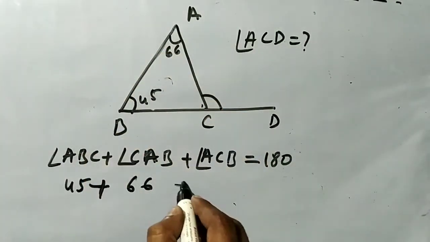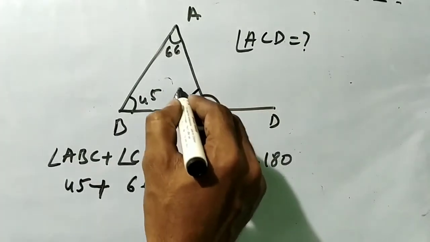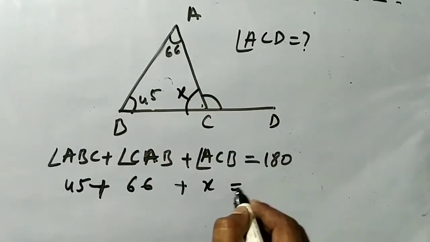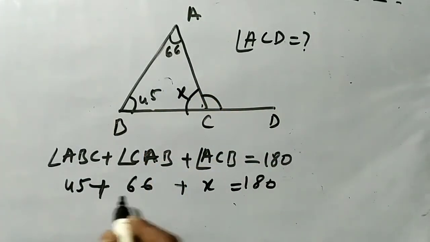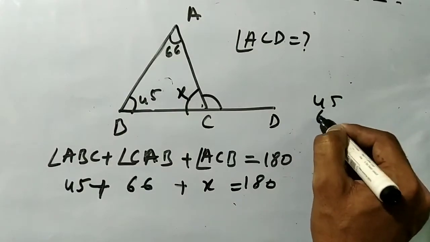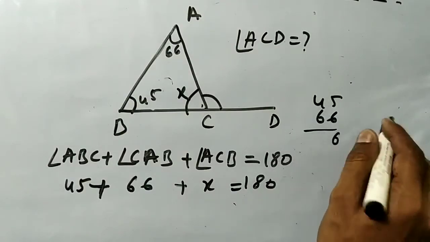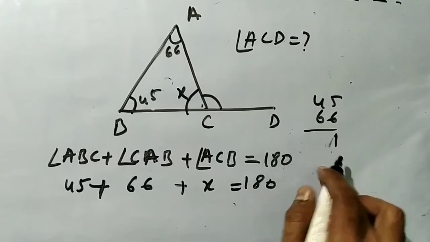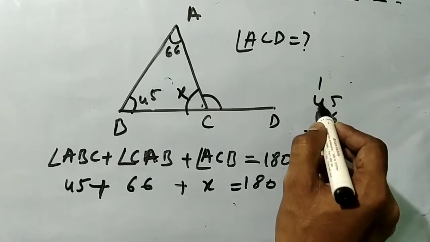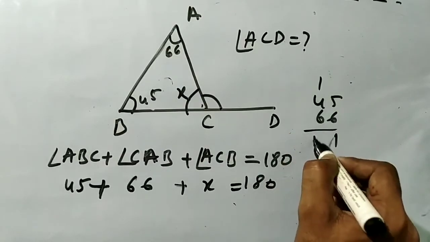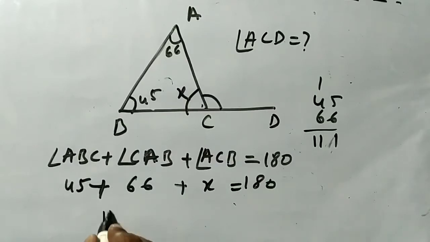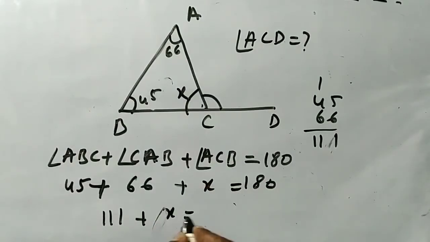So let us think of it as X. 45 plus 66 plus X is equal to 180. 5 plus 6 is 11, 6 plus 4 is 10, 11, so 111. So 111 plus X is equal to 180.